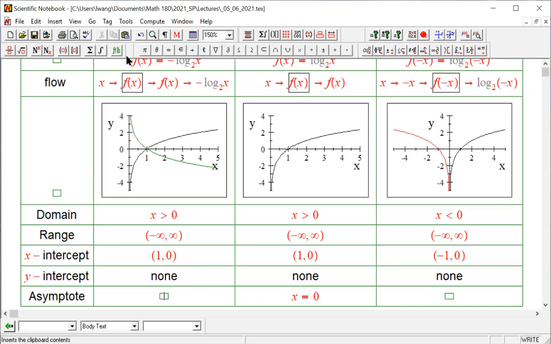X is equal to 0. Same, right? No change. Very good.